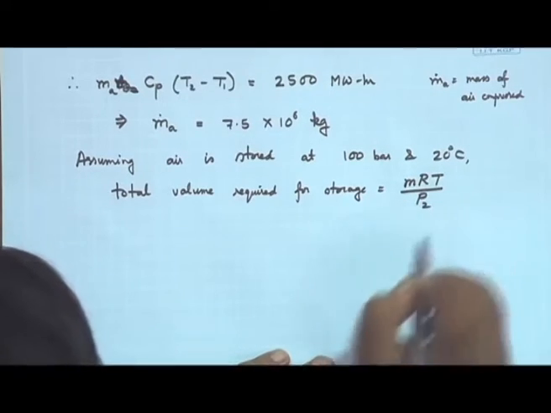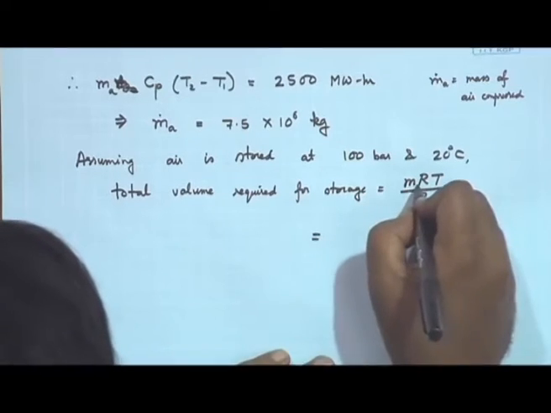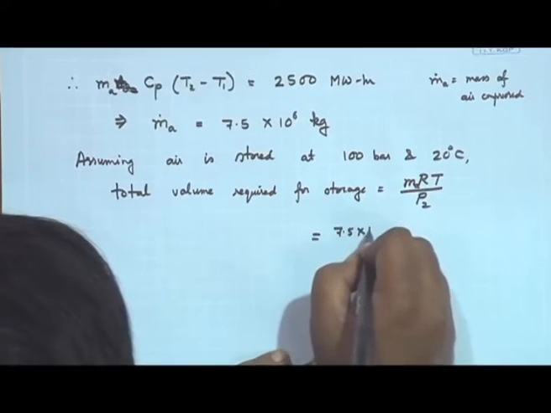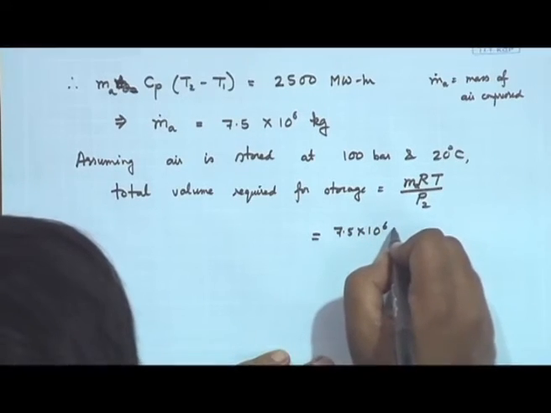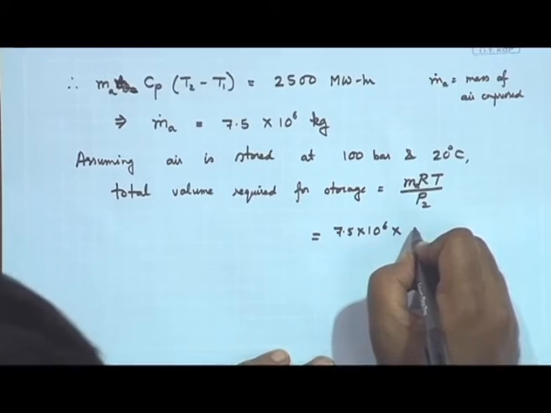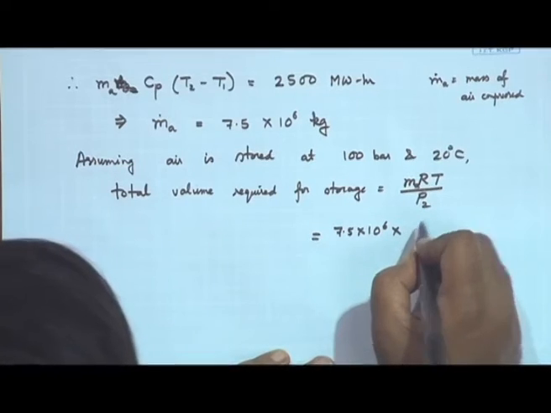P is P2, m times R times T. So, what did we have? 7.5 times 10 to the power 6 times R, it is given already, 0.28475 kilojoules per kg, clear.